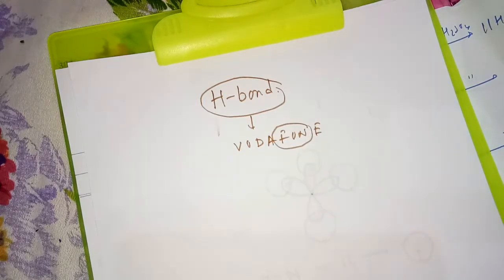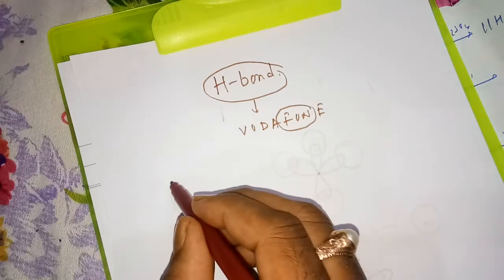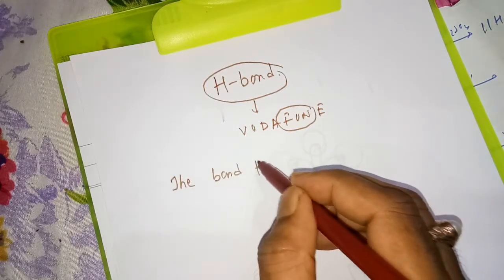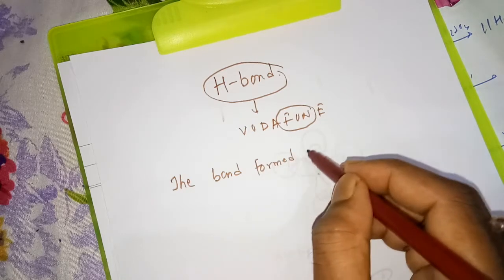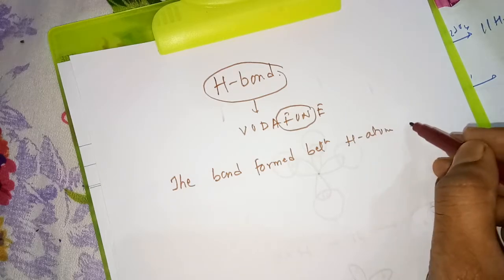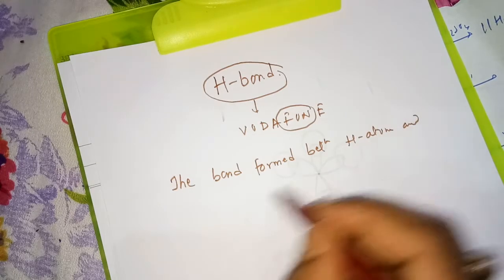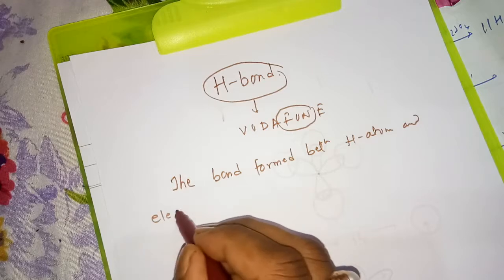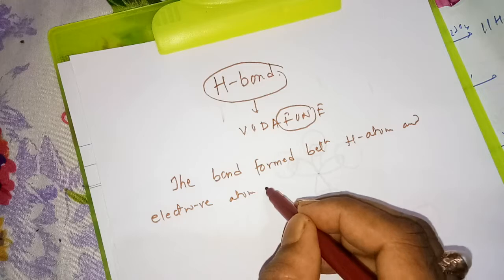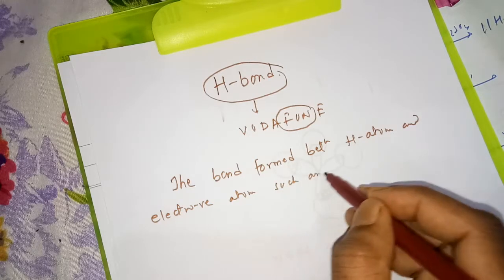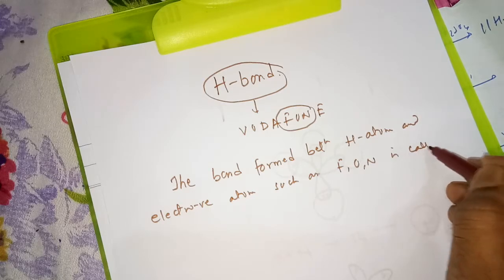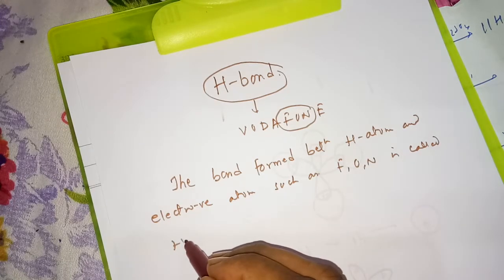So hydrogen bond is the bond formed between a hydrogen atom and an electronegative atom such as fluorine, oxygen, nitrogen. It is called a hydrogen bond.